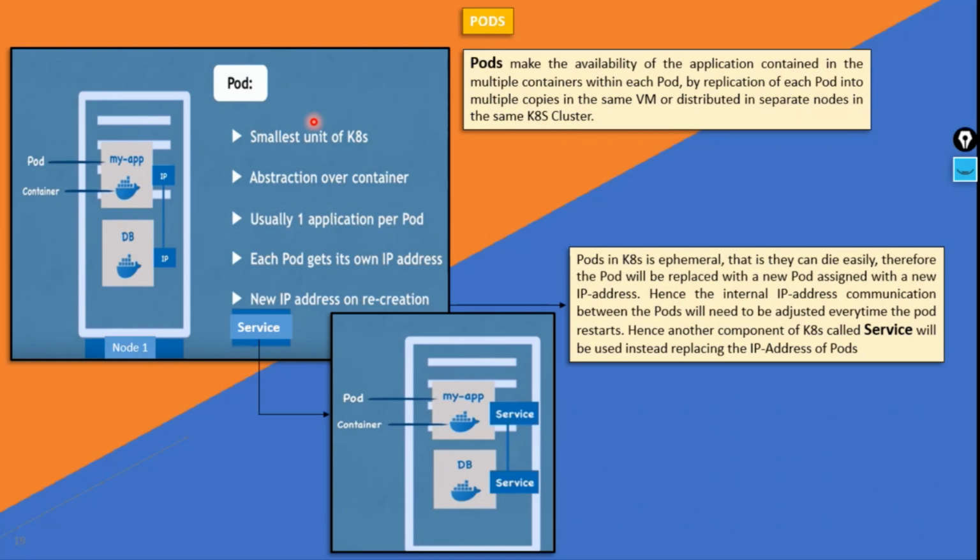Now you can ask me why a raw container is not sufficient to be deployed in a cluster like a Kubernetes cluster. The answer is that containers have ports, but communication between containers happens through the ports, and there can be hundreds and hundreds of containers in the cluster.